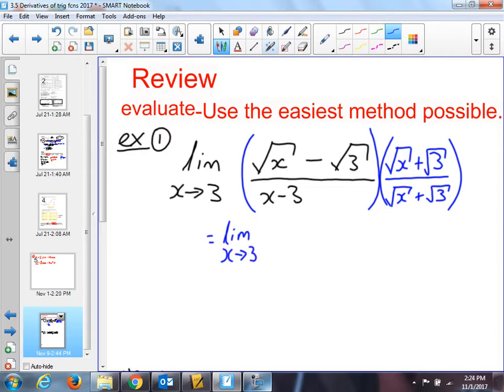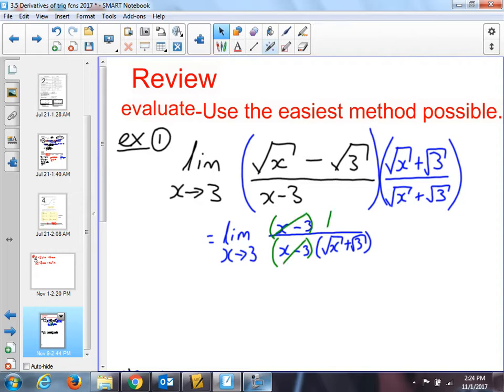Top you got x minus 3, right? All over x minus 3 from before, root x plus root 3. Hey, we can do some cancellation, right? Can I evaluate that limit right now? Yes, I sure can. I've got root 3 plus root 3 in the denominator. 2 root 3.